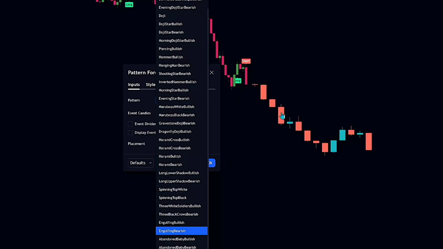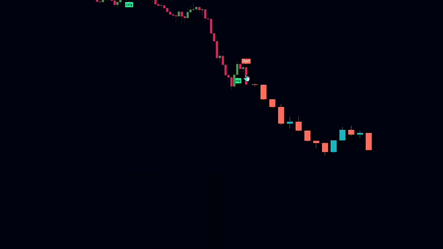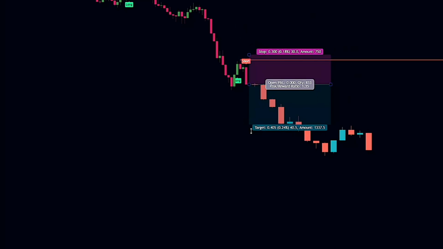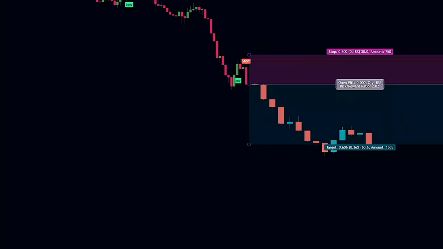For the trade to be valid, the predicted price must go beyond our take profit level without touching the stop loss. Place the short position tool on the first predicted candle's open. Set the stop loss above the most recent swing high and take profit at 2 times the risk for a 1-to-2 risk-to-reward ratio.